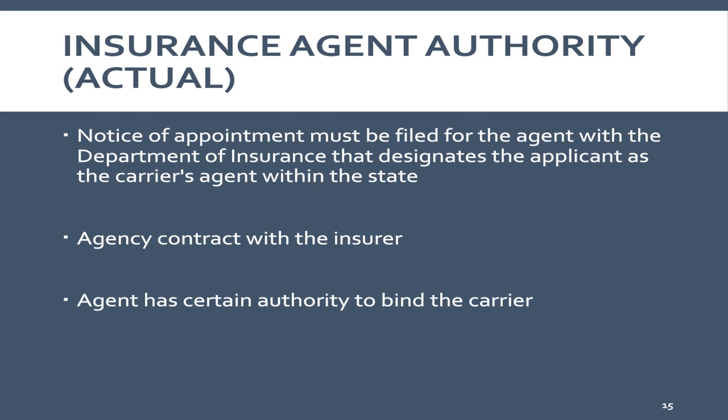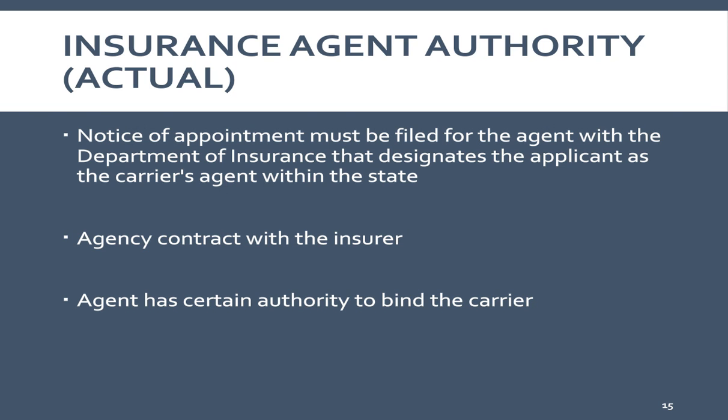Now, when you're talking about the agent, authority can become an important factor. If you're acting as an agent of an insurance company, the actual appointment is going to be filed with the given state. So where an insurance agent is representing Company X, they will file a form with the respective state that the agent is operating in, saying that this is an agent of ours in this state.